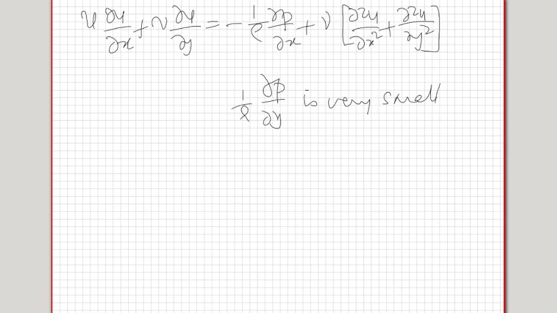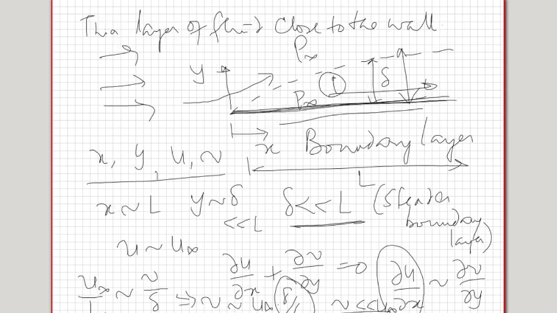we'll be able to say that the pressure term in the boundary layer is going to follow the same thing as the external flow. So in the external flow, in the case of a flat plate, the pressure is going to be uniform everywhere. There is no acceleration or deceleration anywhere.